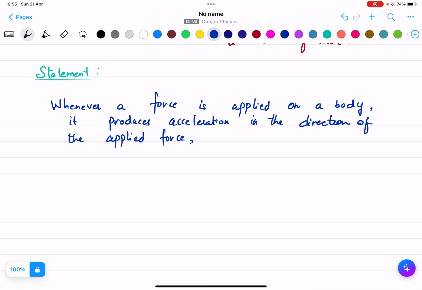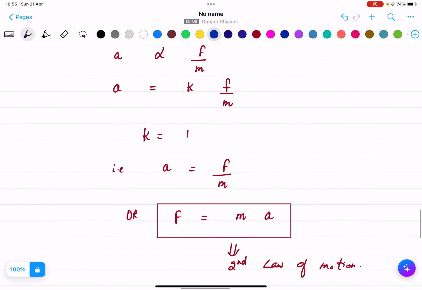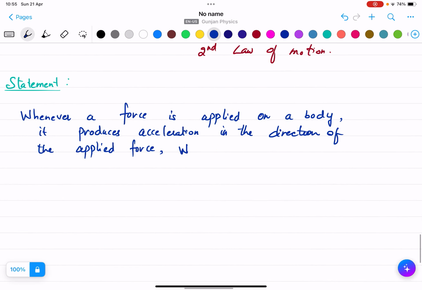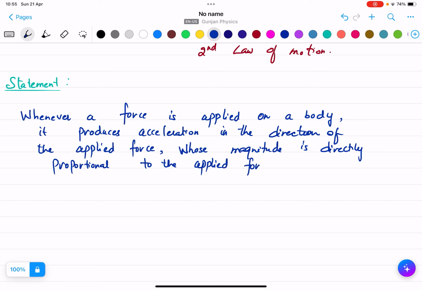Now, the acceleration, I can say it depends on two factors. I explained it is the force and the mass. So I can say acceleration, whose magnitude is directly proportional to the applied force, right?